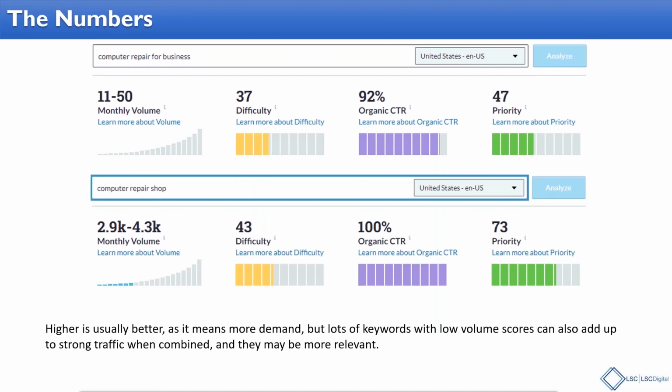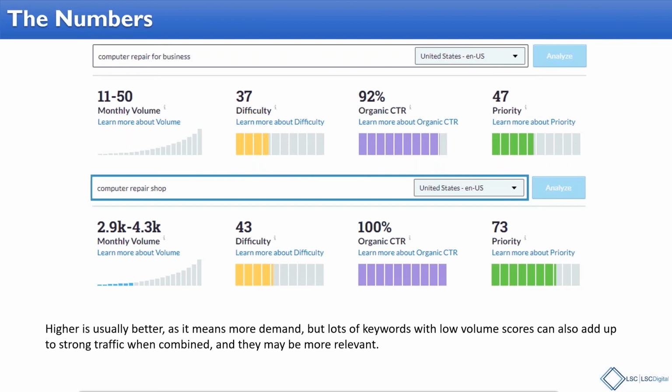Now the next term, computer repair shop, a little bit different story. Repair shop has about 3 to 4,000 monthly searches. Difficulty is still pretty low. Remember that quick scan to judge competition? That's holding up. I can't advise that strategy enough to judge competition. So it's not highly competitive at all.